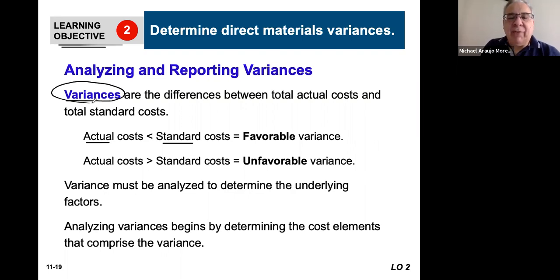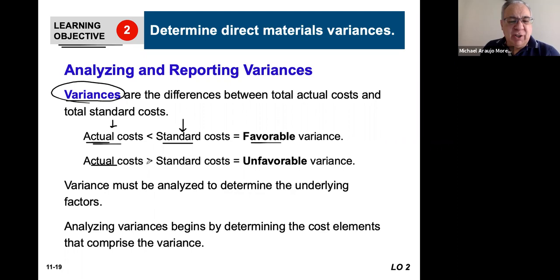And variances are always reported on a regular basis. So when the actual costs are less than the standard costs, that's good. That's a favorable variance, because our expected costs were based on efficient levels. If actual costs are below that, we were more efficient. That's favorable.